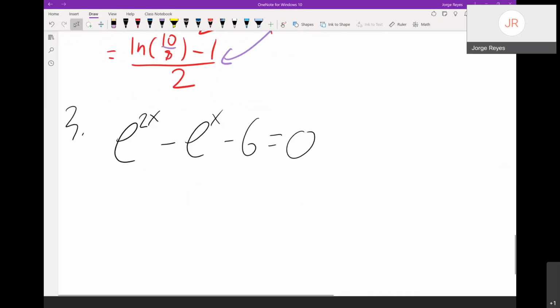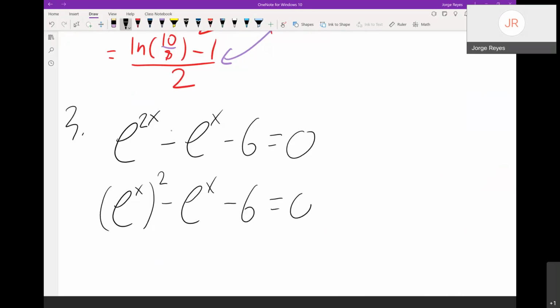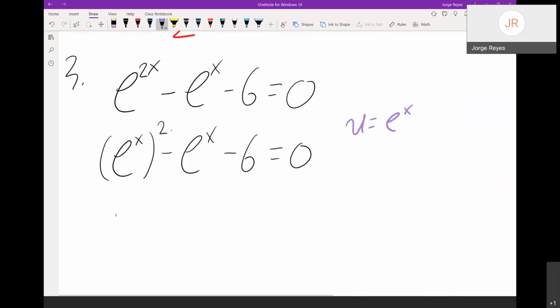Okay, and it's probably more obvious if I do something like this. Okay, and then I tell you that u is equal to e to the x. Okay, because then, ta-da, it has reduced into a quadratic.